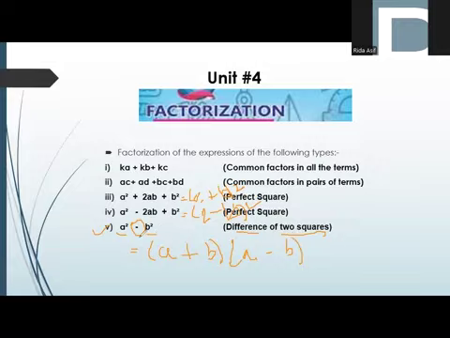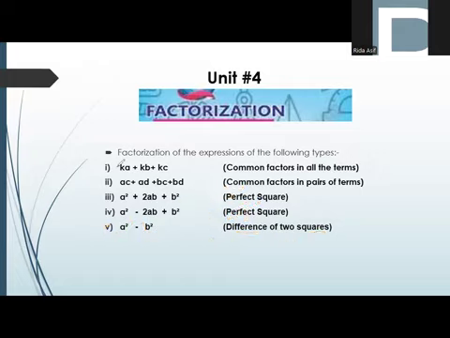So how can we solve such kind of question? We have to check step by step. If we are having any question, we have to check our question step by step. First of all, we have to take out the common factor from all the terms. If we are unable to find the common factor, we have to move on to the second type of factorization, that is the pairing method.